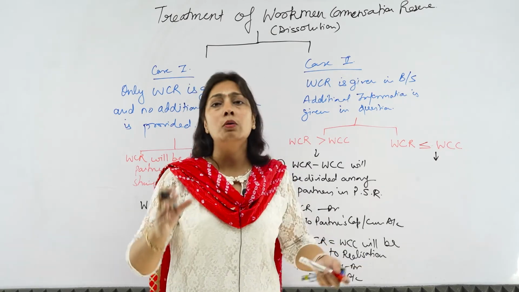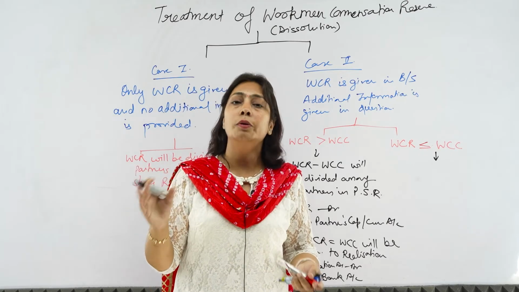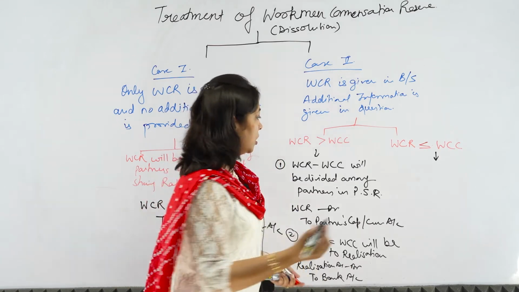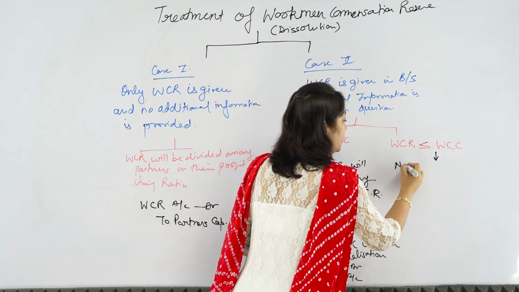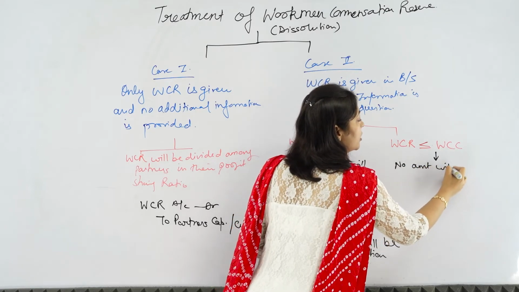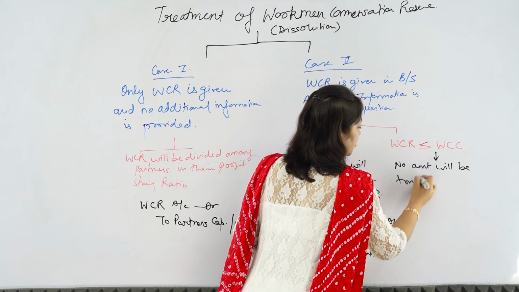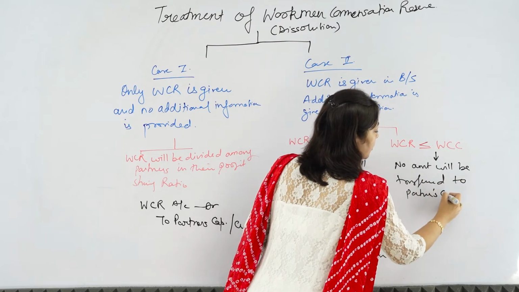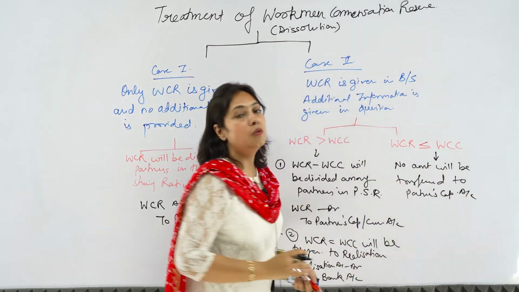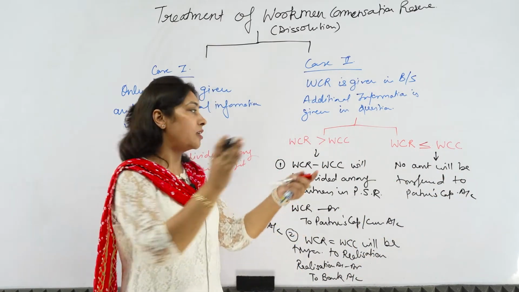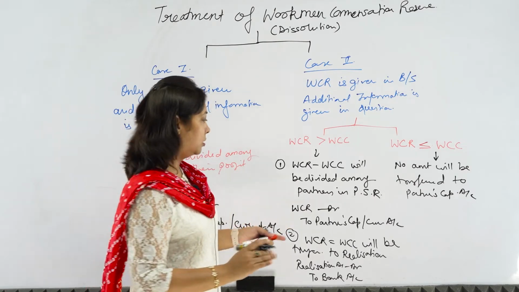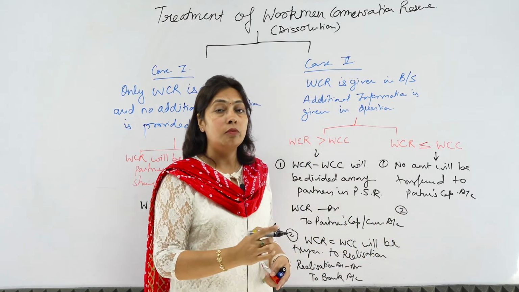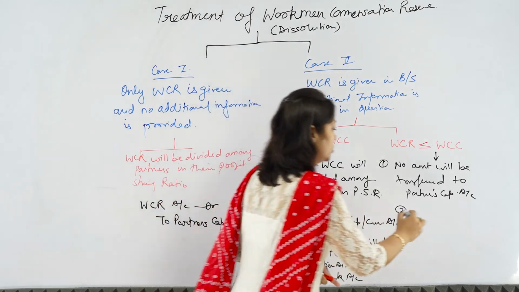In that case, no amount will be transferred to partners' capital accounts, because we don't have anything left to be transferred to them. In the next part, the whole amount of WCR will be transferred to realization account.